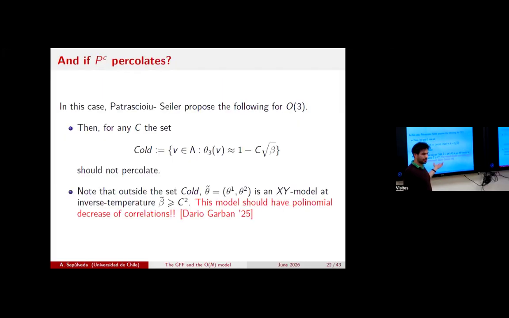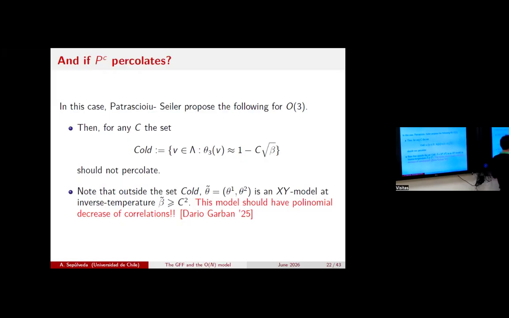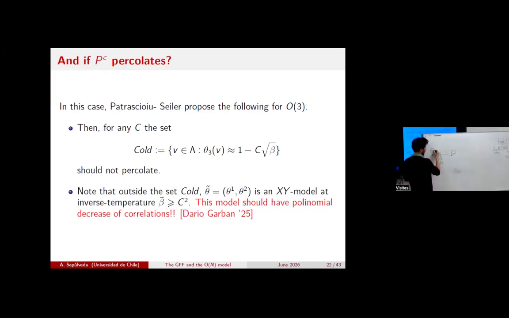So now we have to assume that. What happens if P complement does not percolate? Recall that P complement are the edges where theta^n hits 0. Essentially, what I claim is that if the temperature is low enough, here I should be close to the equator.